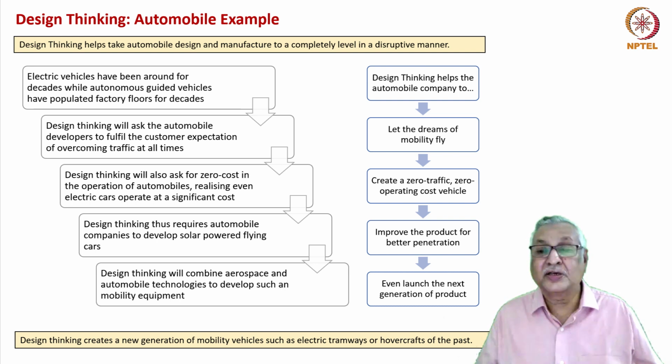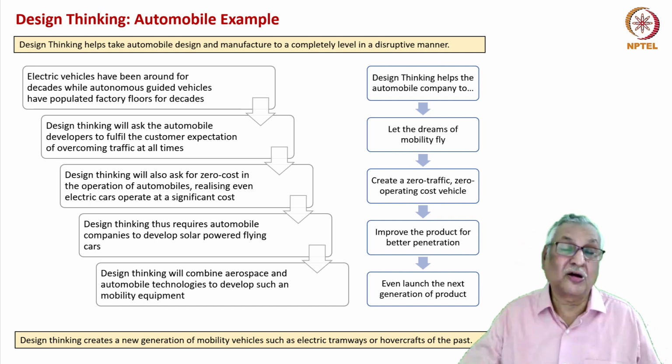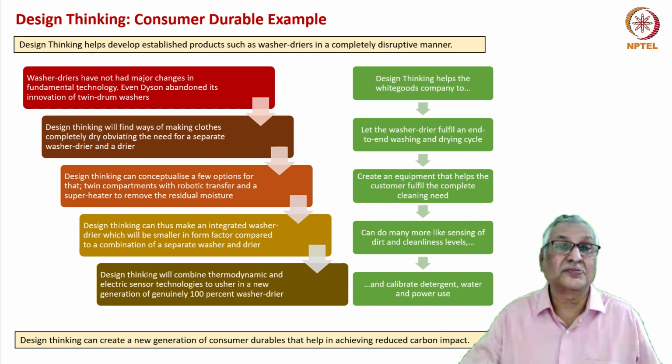It can help create a zero traffic, zero operating cost vehicle. It can improve the product for better penetration and even launch the next generation of product. Design thinking therefore creates a new generation of mobility vehicles, such as electric tramways or hovercrafts of the past created in their times. So that is the enormous quantum jump capability of design thinking.